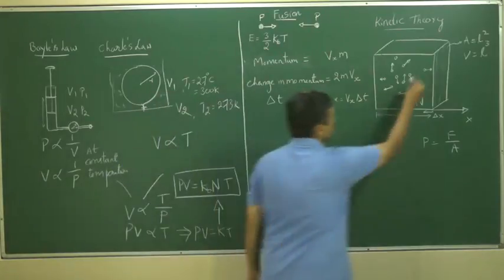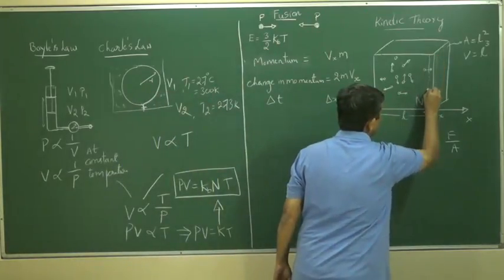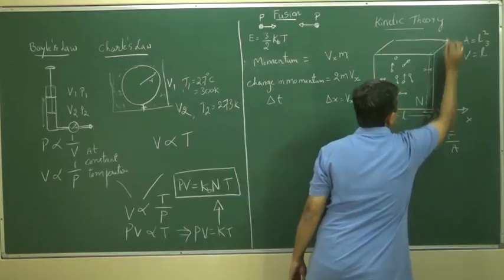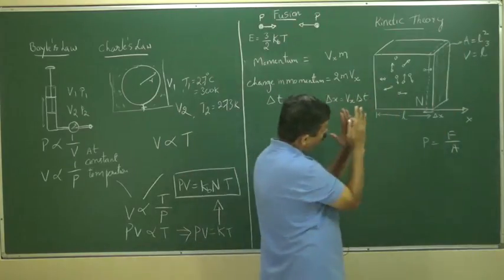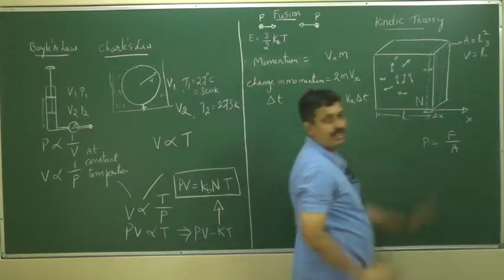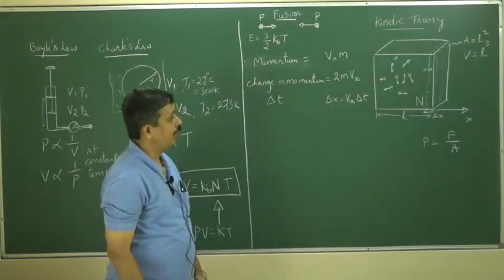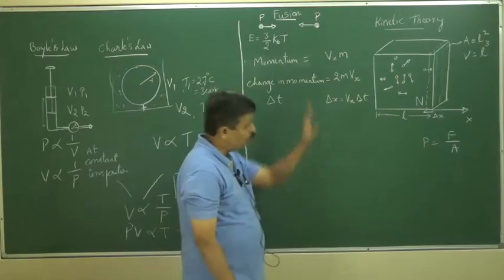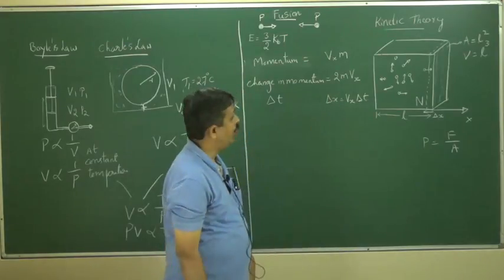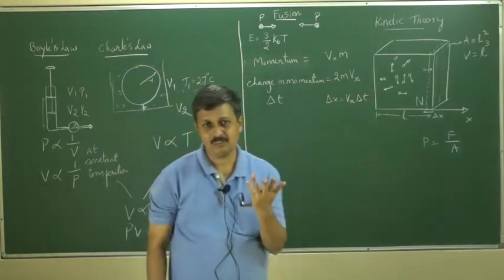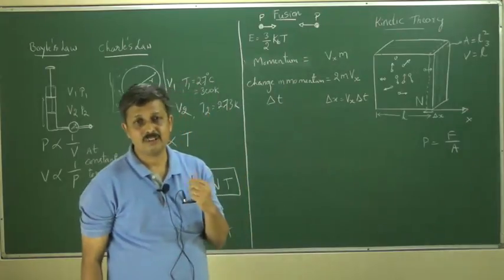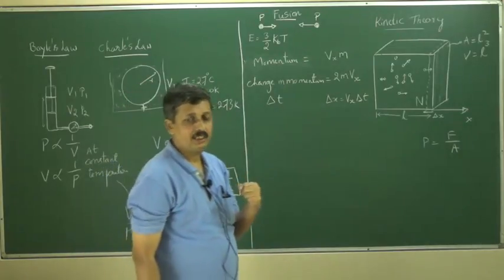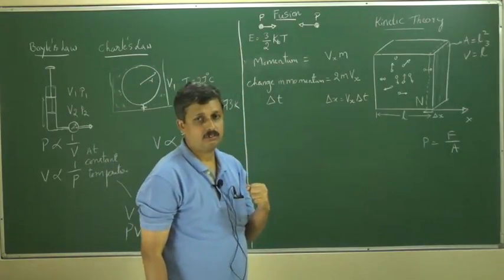So that much distance, let me put a dotted line here, whatever is there in that area, all of that volume are basically going and hitting. How many are there in that? So let us take the full volume and the density of the molecules. If you multiply the number density by the volume, you will get the total number of molecules.